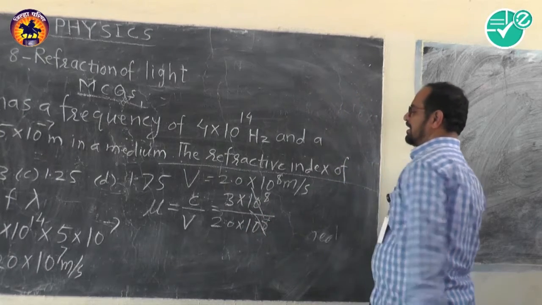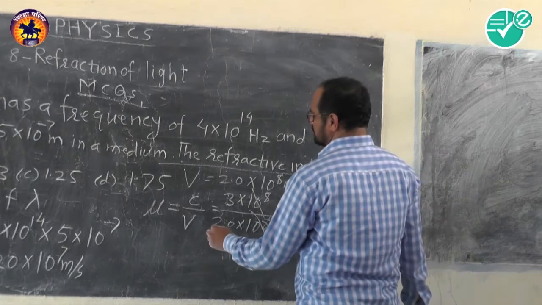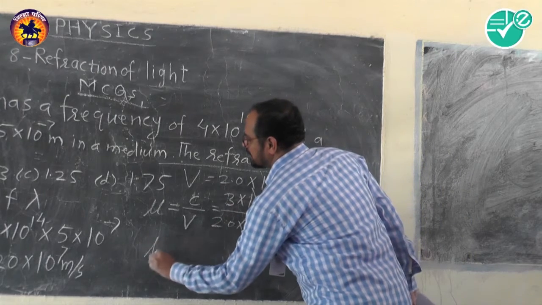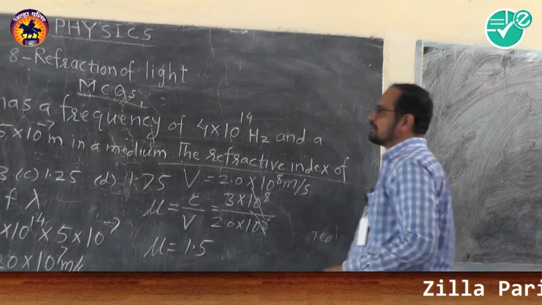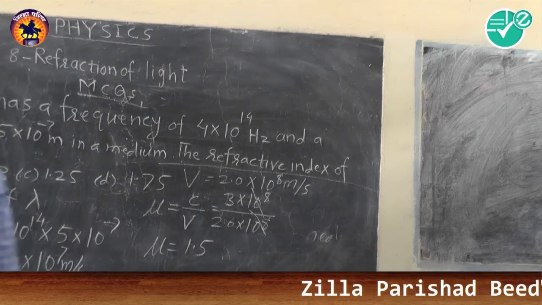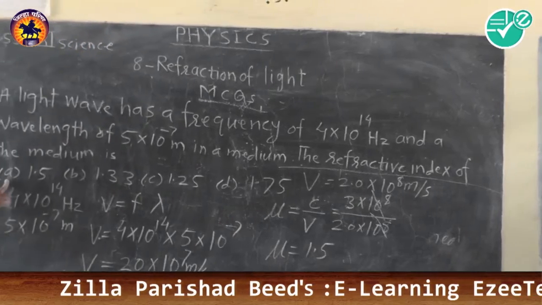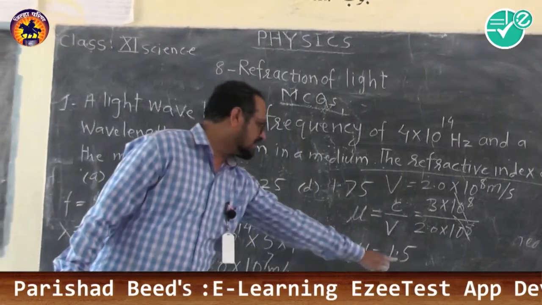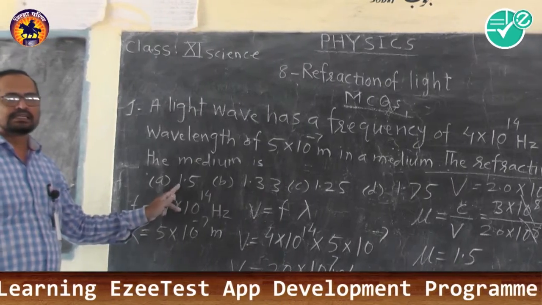The 10 to the power 8 cancel, and dividing 3 by 2 we obtain 1.5. So option A, 1.5, is the correct answer.